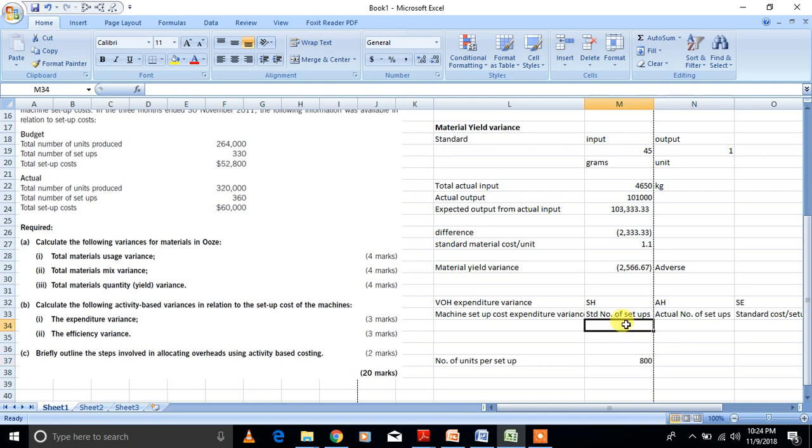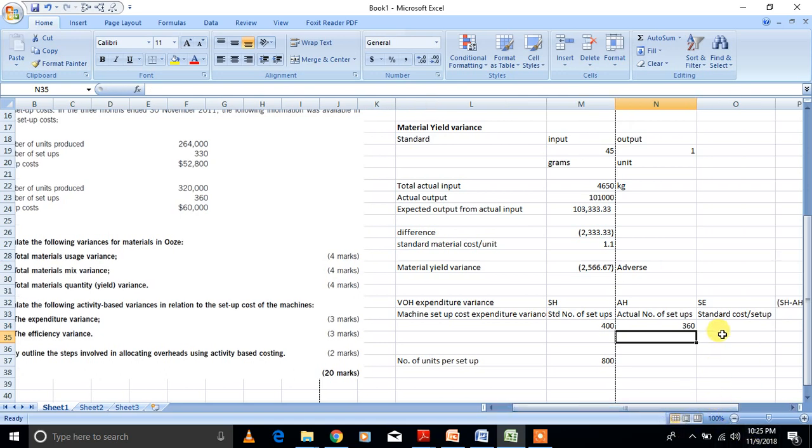So when actual production is 320,000 units, how many setups should have been done? Every 800 you make one setup, so 320,000 divided by 800, 400 setups you should have done. Whereas actual number of setups is only 360, they have given 360.